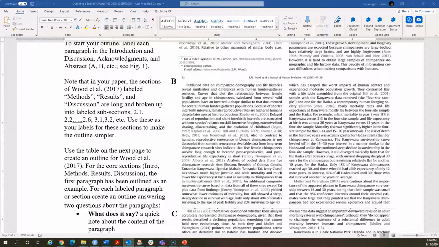So for methods and results, aside from actually putting letters, you can also just use those subsection numbers. But that subsection numbering is only available in methods, results, and discussion. So instead of lettering, you are welcome to use the existing subsection numbers.